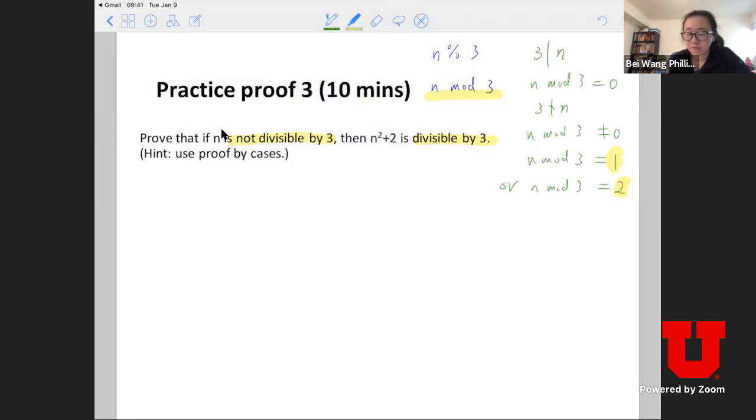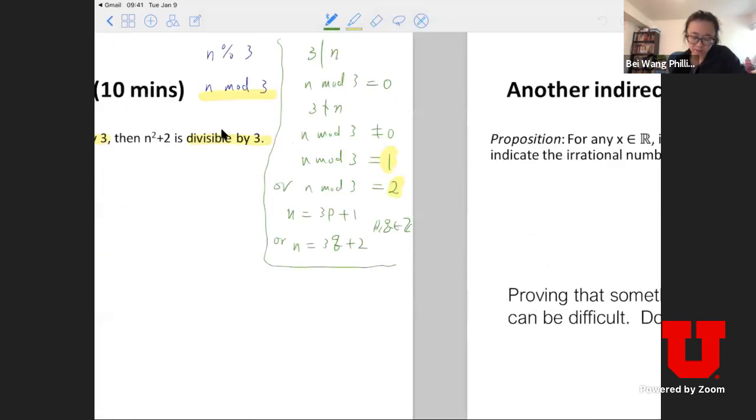If I push it further, if its remainder is 1, then this number can be expressed as 3 times some integer p plus 1, or n is 3q plus 2, for some integers p, q. Everything I put in green is basically my scratch process.